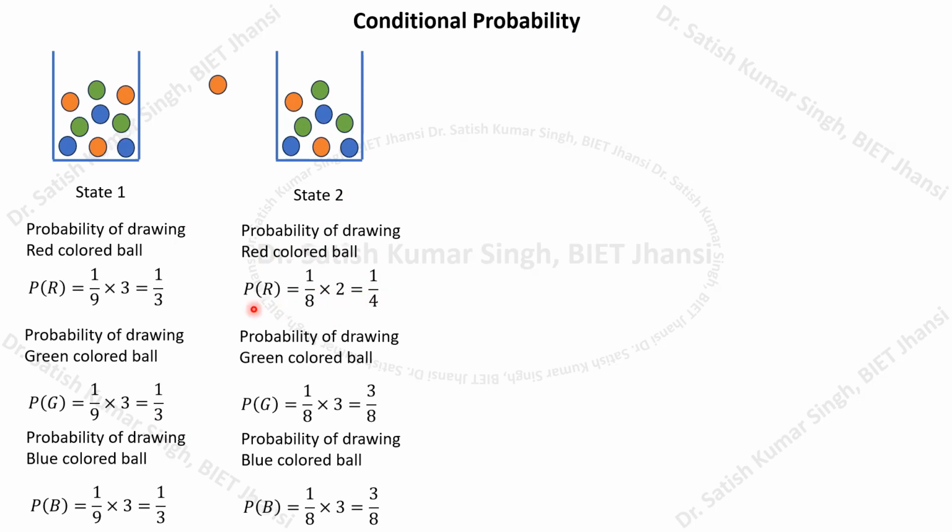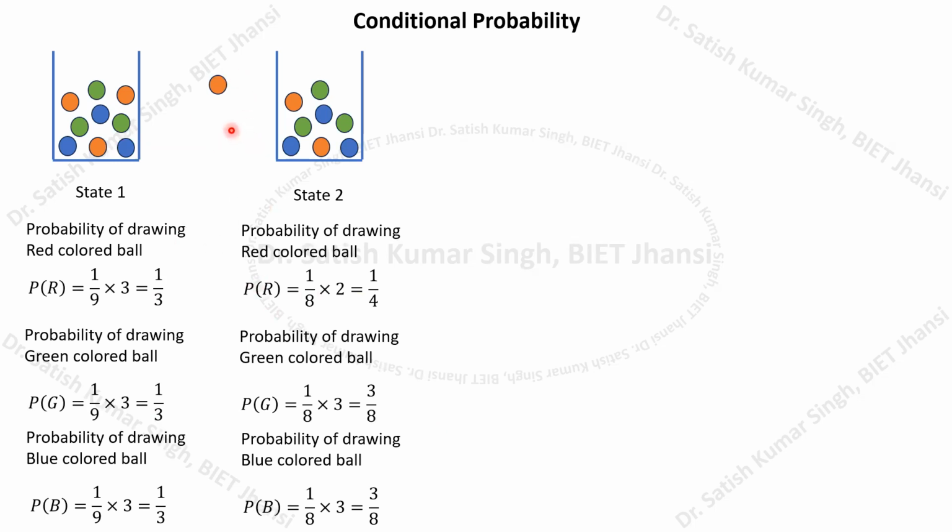So the probability of drawing the red ball, the green ball, or the blue ball actually depends on the last ball drawn. All these probabilities have now changed: it is 1 by 4, 3 by 8, and 3 by 8.